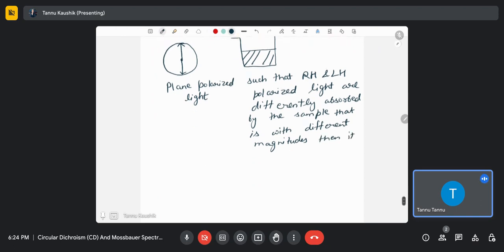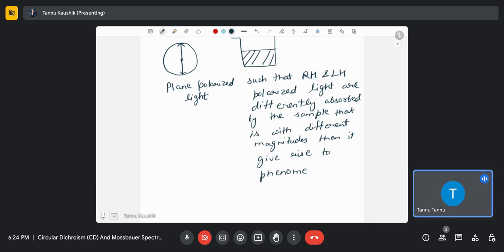Then it gives rise to the phenomenon of circular dichroism. So circular dichroism is just the absorbance related to the absorption of two different lights, and the effect is ellipticity.